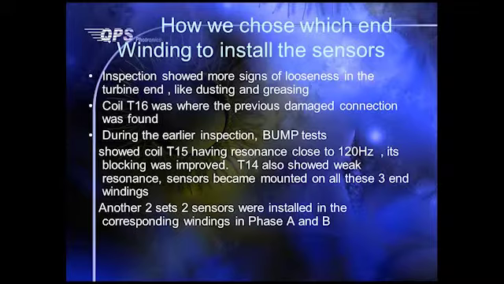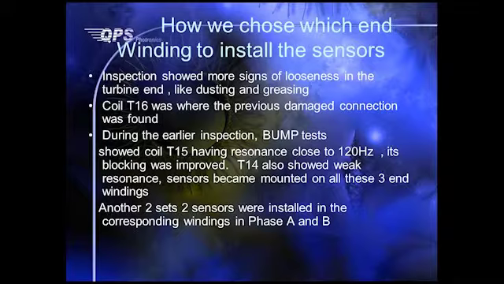Of course, thereupon they reinforced the blocking, and subsequent data will show you that yes, it did improve. Besides T15, T14 also shows a very weak resonance. So these are the sensitive areas that the customer wants to monitor.